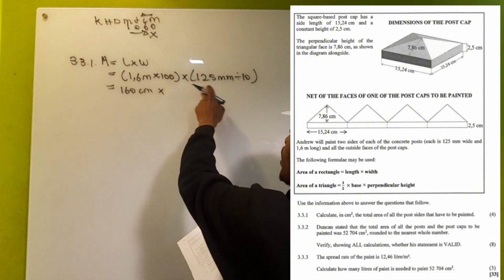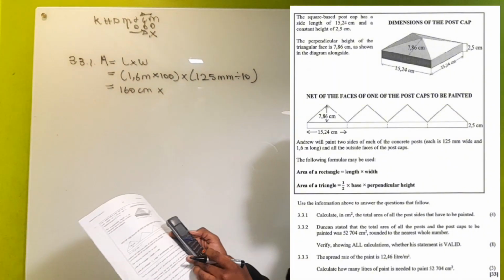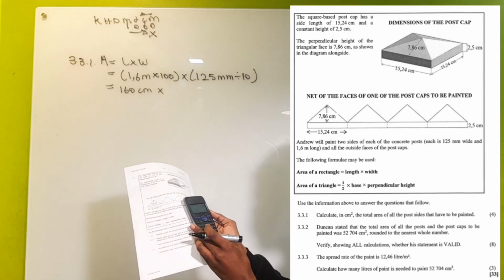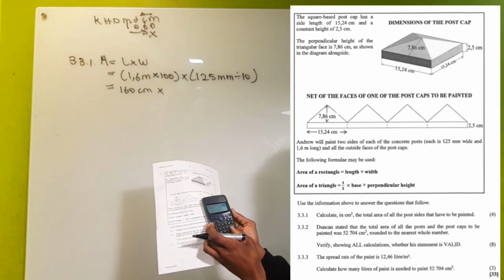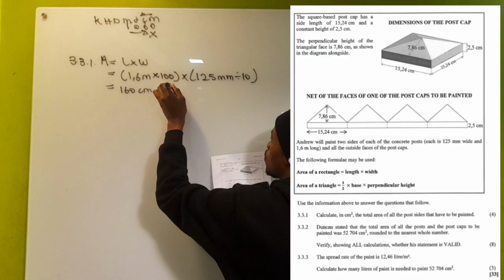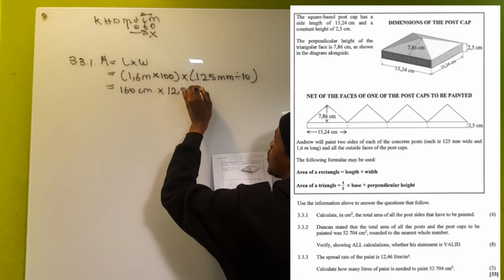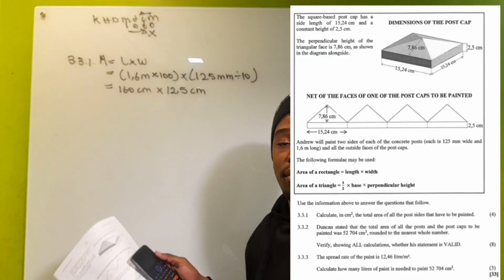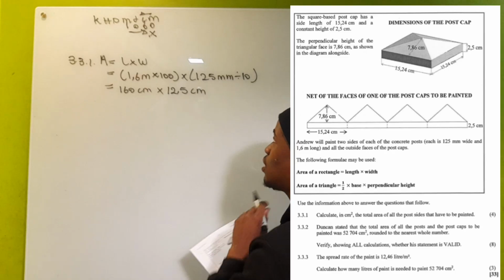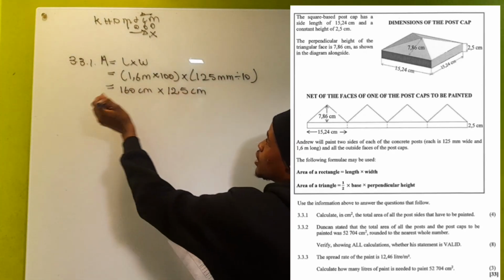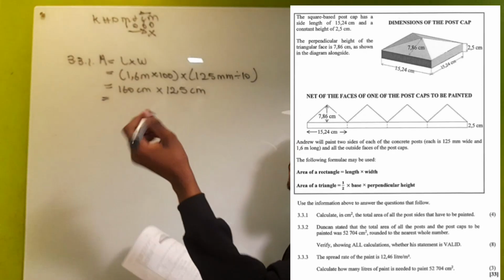And 125 millimeters divided by 10, 125 divided by 10, gives us 12.5 centimeters. So now we have our dimensions in centimeters. This is our length. This is our width. We multiply them to get our area.